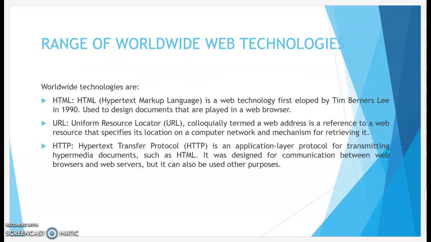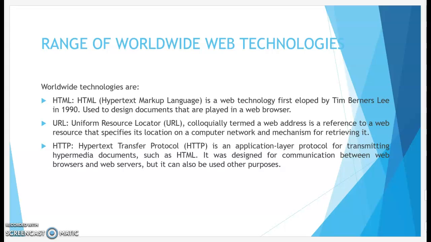Range of World Wide Web technologies. HTML, Hypertext Markup Language, is a web technology first developed by Tim Berners-Lee in 1990, used to design documents that are displayed in a web browser.